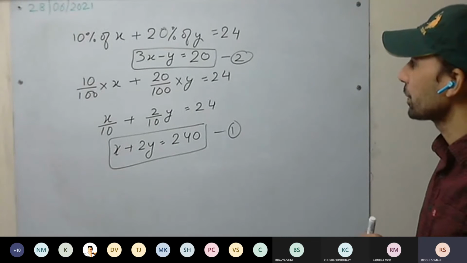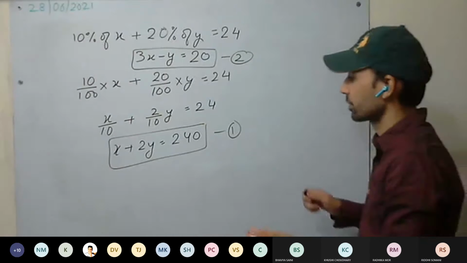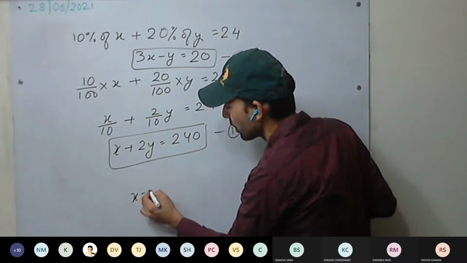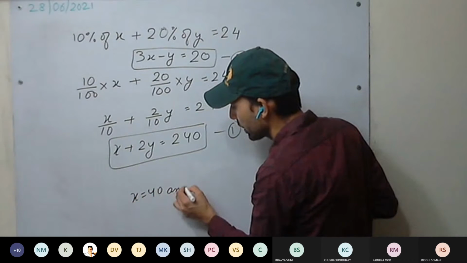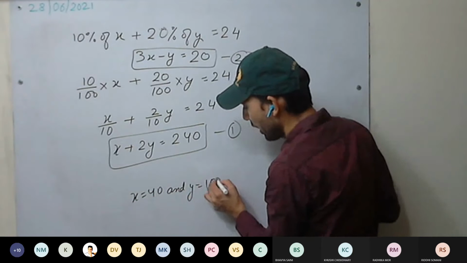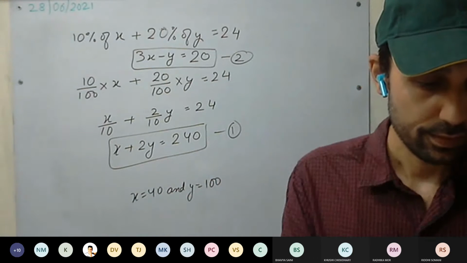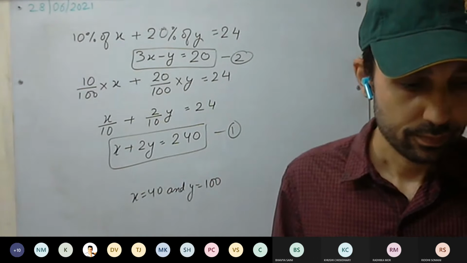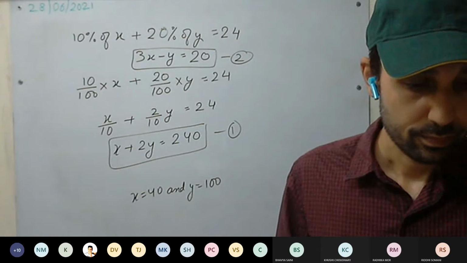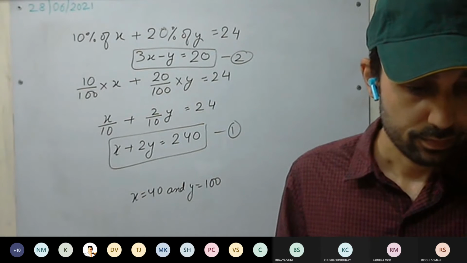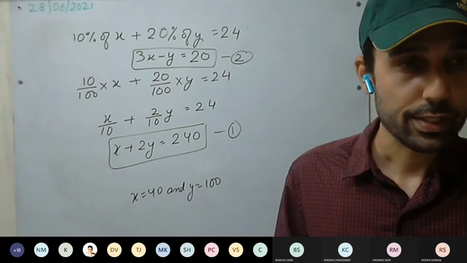X will be 40 and y will be 100. Okay. And at last you have to write this one. Everyone solve it.